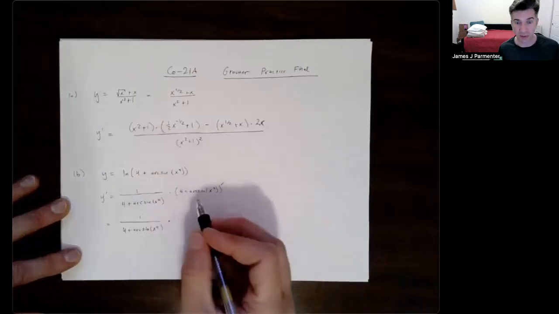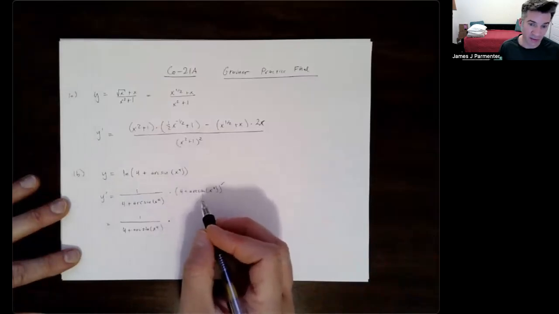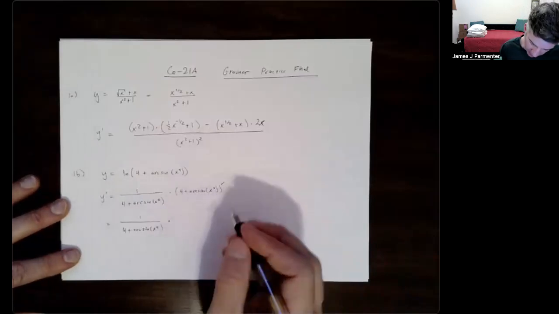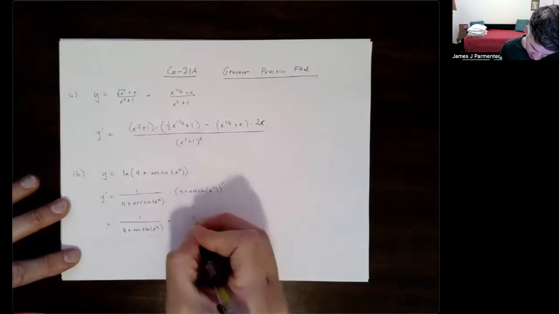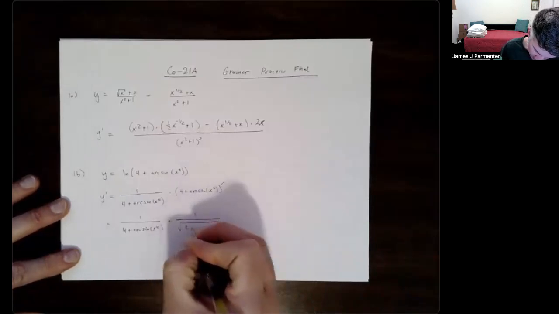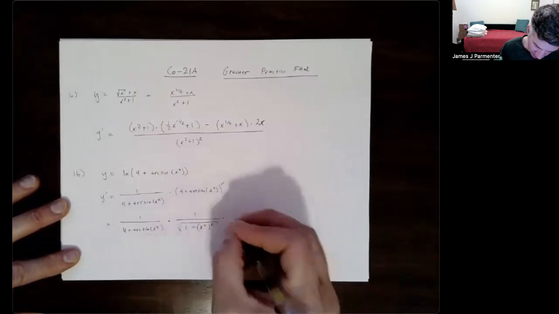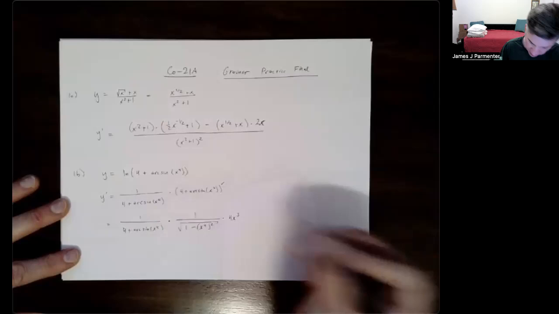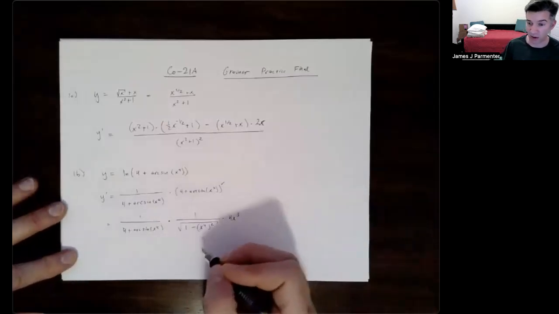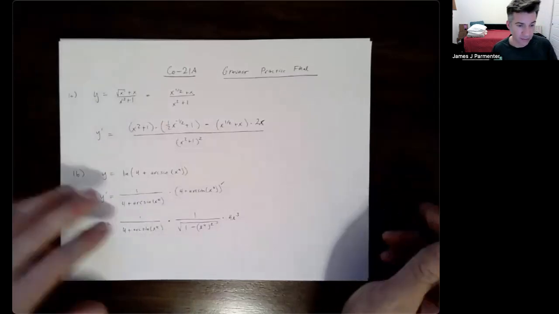The derivative of the arc sine of some stuff is 1 over the square root of 1 minus that stuff squared, times the derivative of that stuff. So the derivative of the arc sine of x to the 4th is 1 over the square root of 1 minus x to the 4th squared, times the derivative of x to the 4th, which is 4x cubed. I would leave this as x to the 4th squared, but it's also fine to simplify this to x to the 8th, which he did do in his solutions.